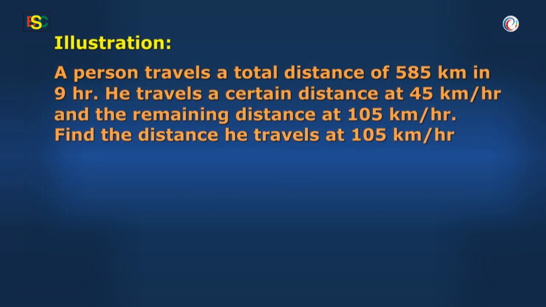Here, it says that a person travels a certain distance at 45 kilometers per hour and the remaining distance at 105 kilometers per hour.